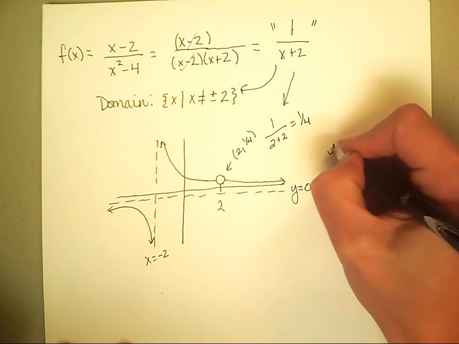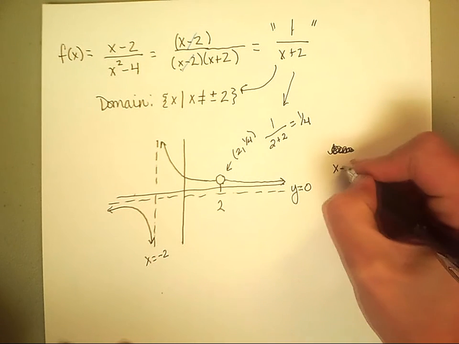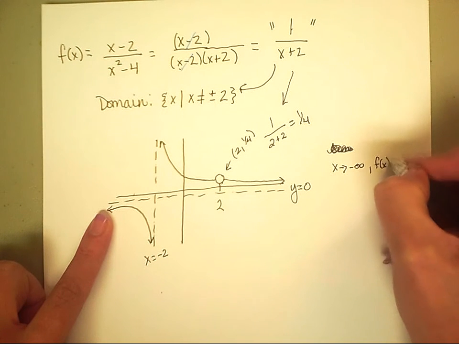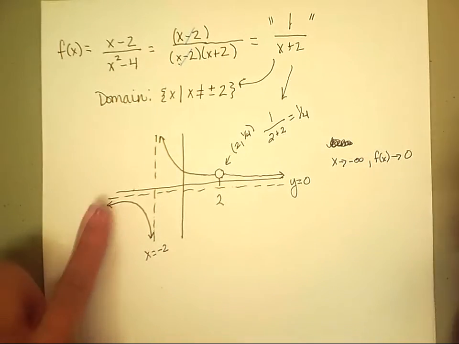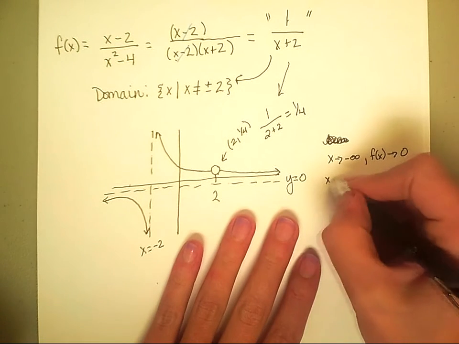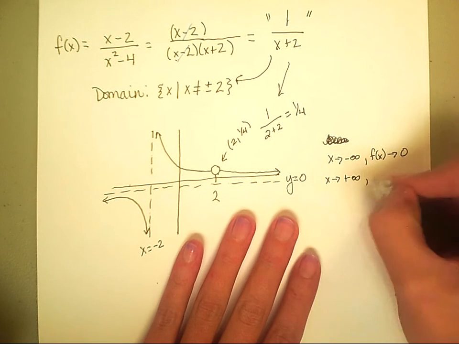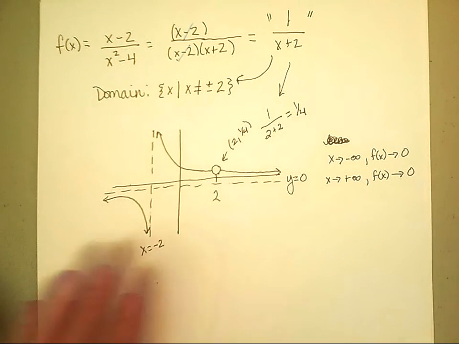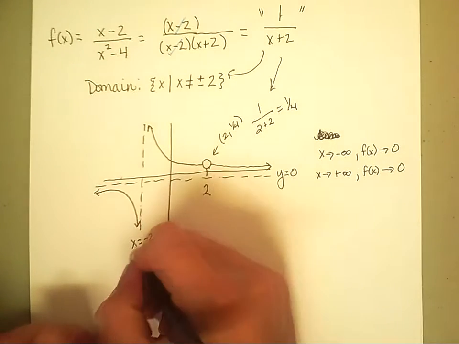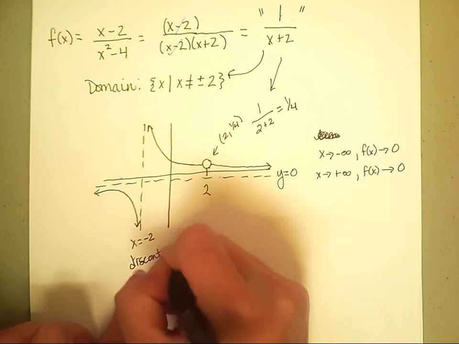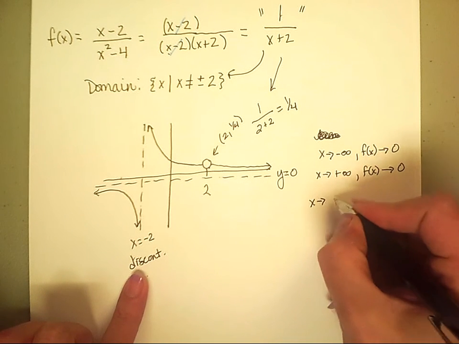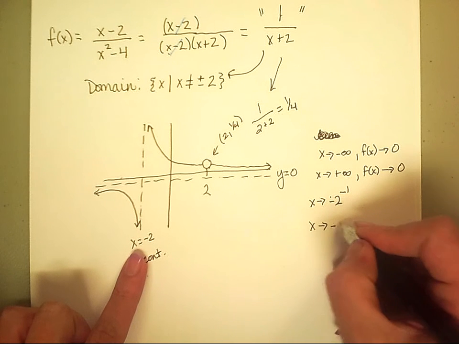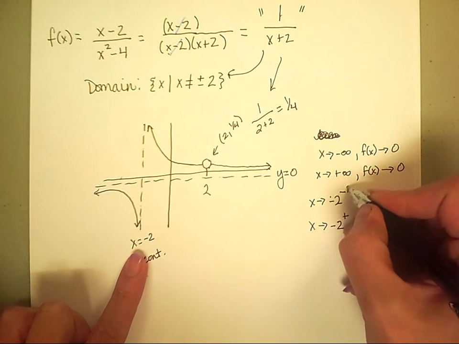And now we can ask all our limit questions, or our x approaches questions. So as x approaches negative infinity, the function is approaching the horizontal asymptote at 0, and the same with positive infinity. Now, here at our discontinuity, we can ask about x approaching negative 2 from the left, and x approaching negative 2 from the right.